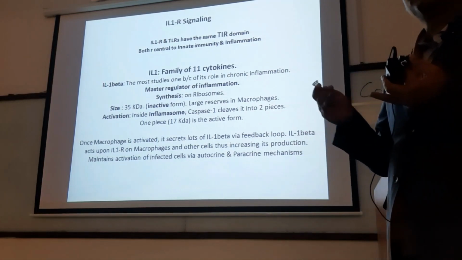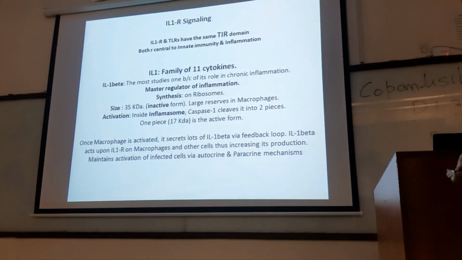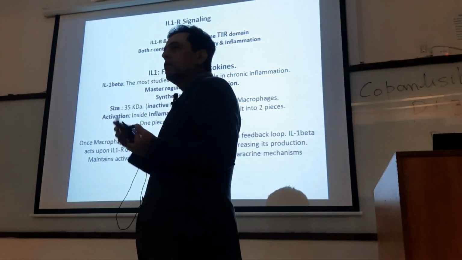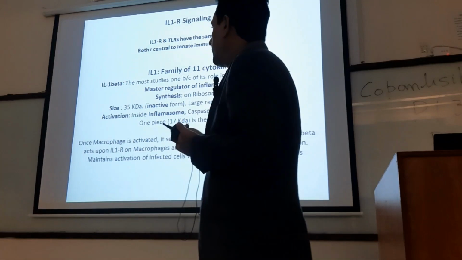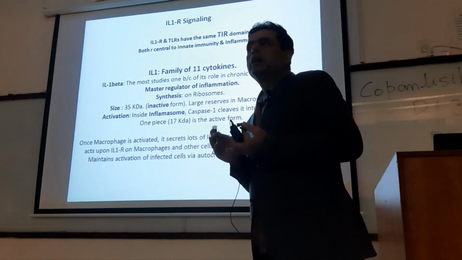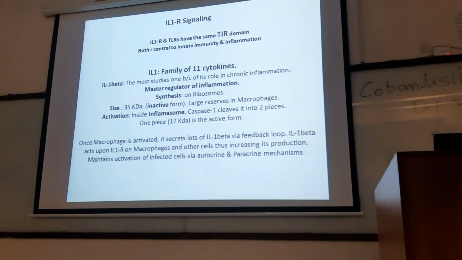They have conducted different experiments showing that this is a very potent regulator of inflammation, because when you use monoclonal antibodies to suppress interleukin 1 beta, the inflammatory process is significantly reduced or stopped.